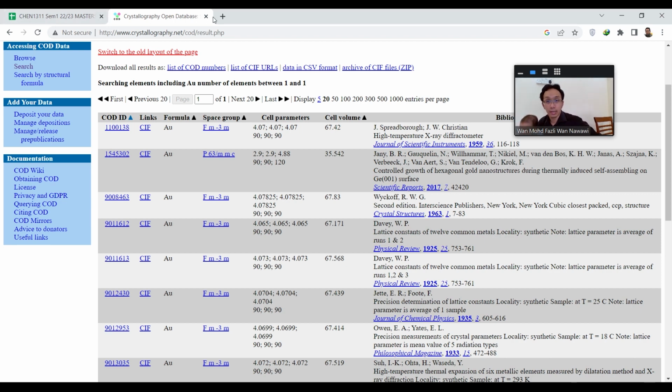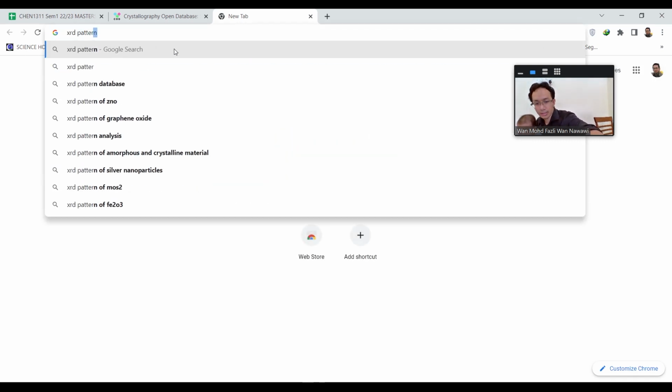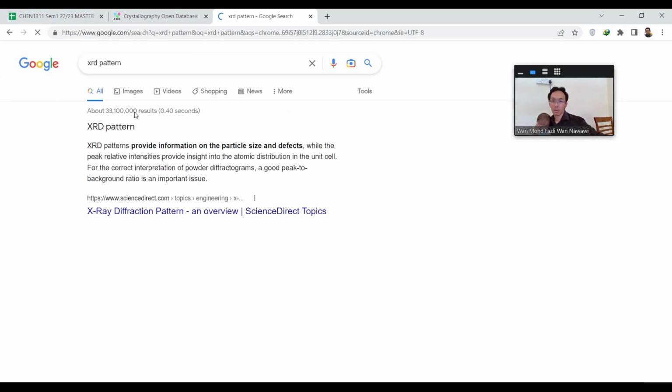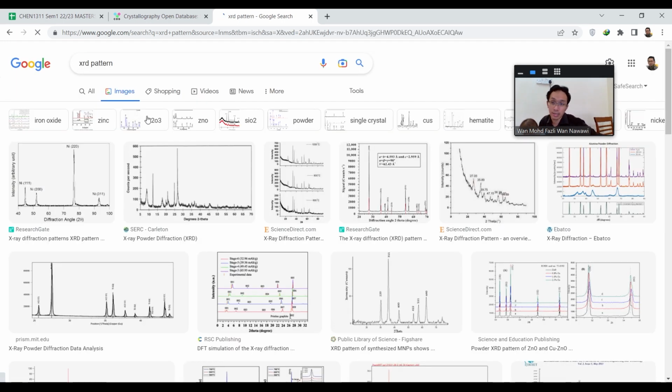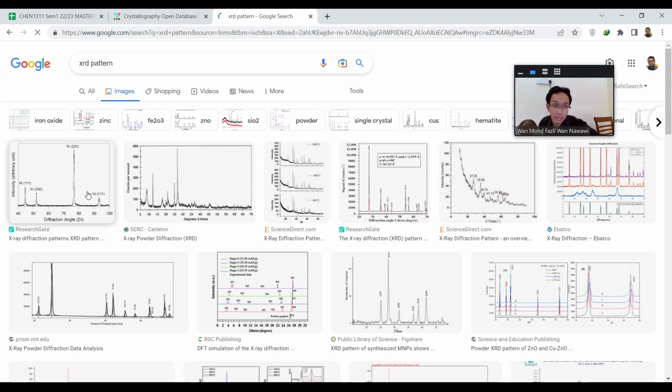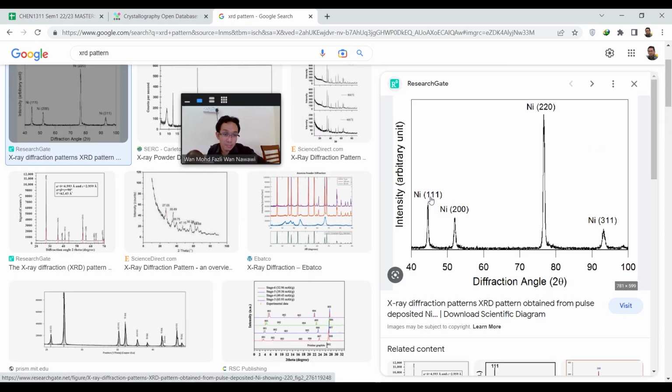So if I put an XRD pattern image, you can see the Miller index there, for example here, 111, 200, 220, 311. So all of these are basically planes. Why do these planes appear?